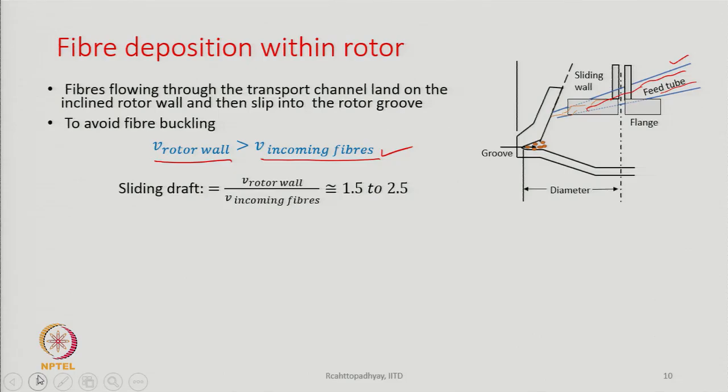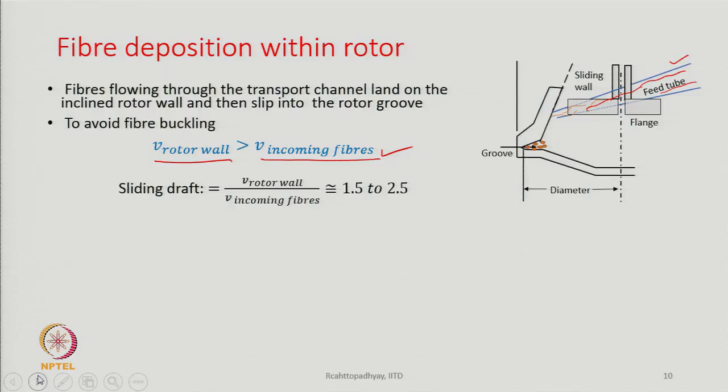We have to keep in mind the way the rotor machine has been designed, at what velocity the fibers are approaching the rotor wall, and this velocity, whatever it is, should be less than the velocity of the rotor wall. And therefore, the ratio of these two, we call it sliding draft, which typically may vary between 1.5 to 2.5.